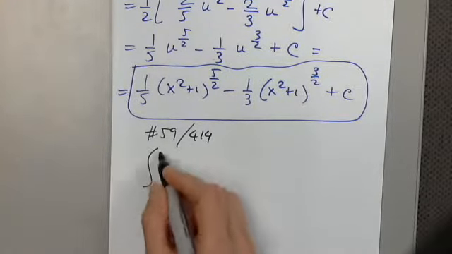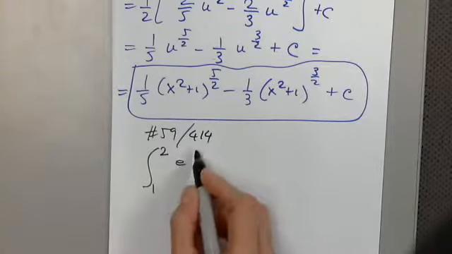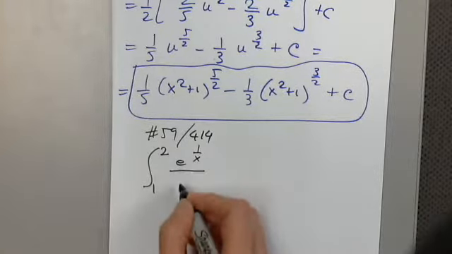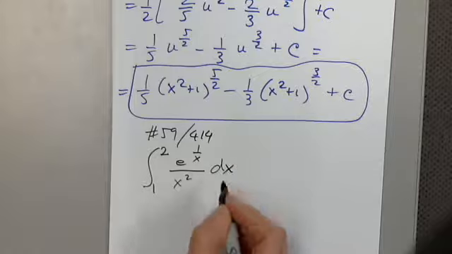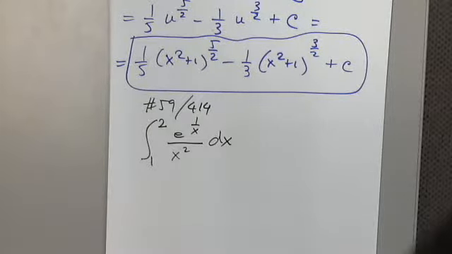So the integral from 1 to 2 of e to the 1 over x, everything divided by x squared dx. Because it's a definite integral, I have to make sure that the function is continuous on the interval 1, 2. Well, this function is only undefined at 0. The interval is 1, 2, so the function will be continuous.